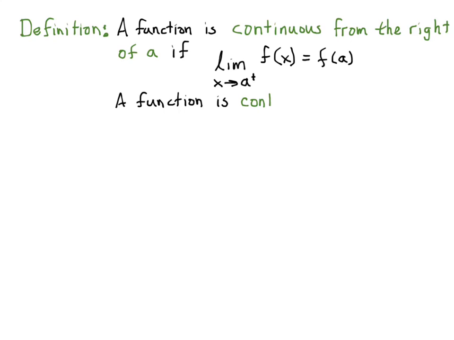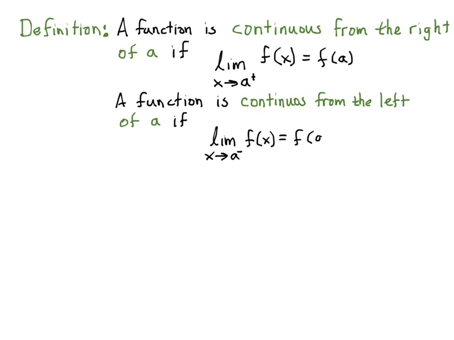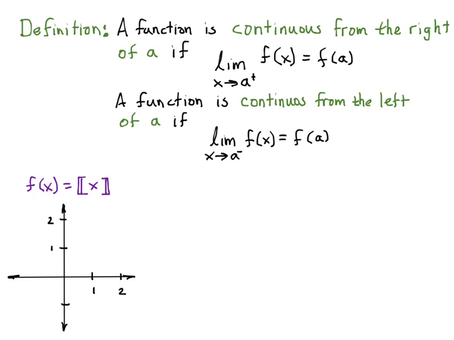So we're going to say we're continuous from the right of A if the limit coming from the right side of A equals f evaluated at A. And then we're going to say a function is continuous from the left, the same thing, if we come from the left, we get to the value of that function evaluated at A. All right? So probably the best thing to do here is to have an illustration, and we'll go back to that greatest integer function.